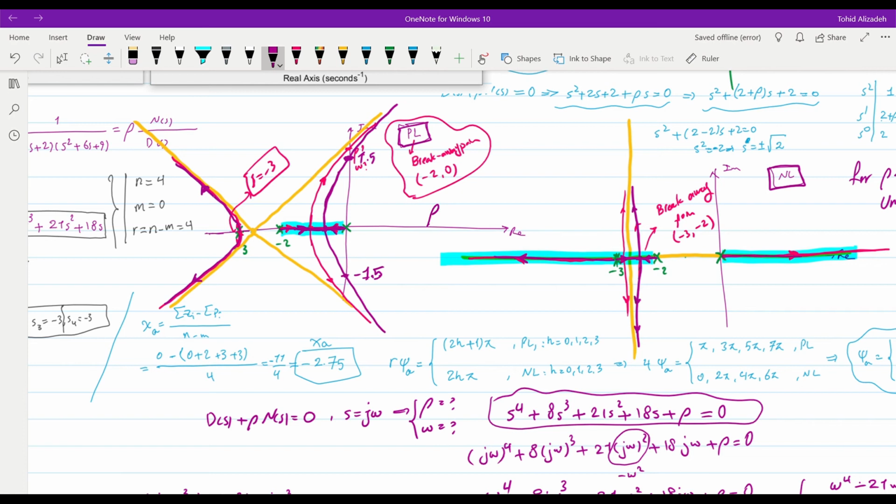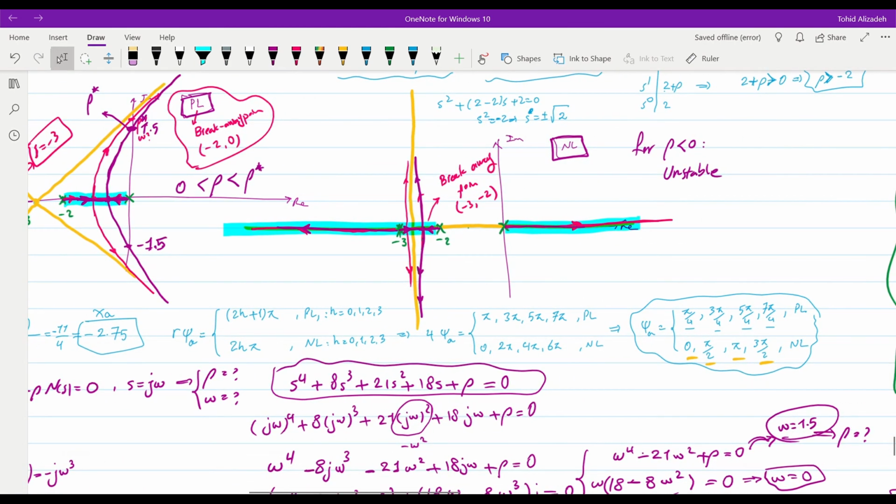For rho between 0 and rho star, I call it, which is the value over here, and it could be obtained by plugging the value of omega over here or referring to the ROS table, we have the system stable.